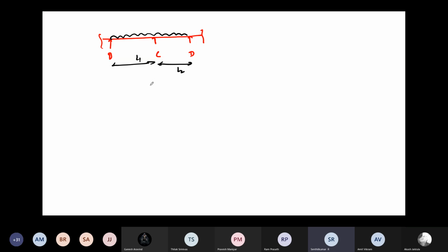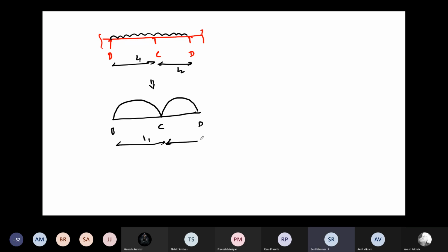Okay. So how will you draw the bending moment diagram for this beam? Just we can draw for normal vertical load alone. Okay. Just assume we are not going to draw any negative moment. If it is only for vertical load, positive moment, how will it be? This is one UDL, so this is one parabolic, right? So B, C, and D, L1, L2.